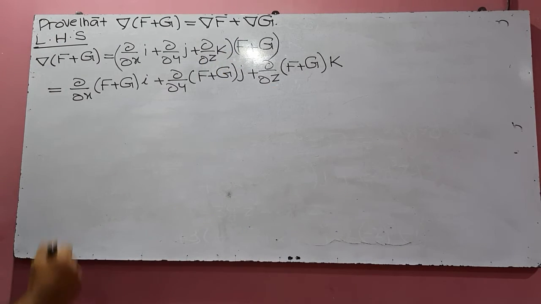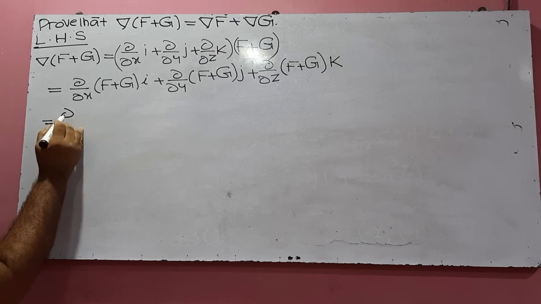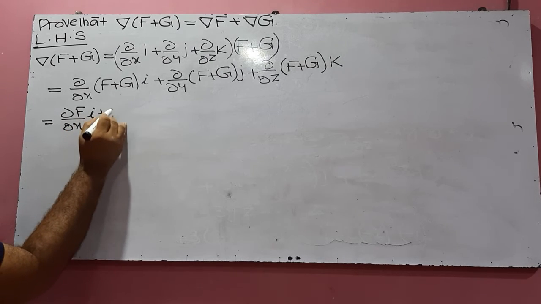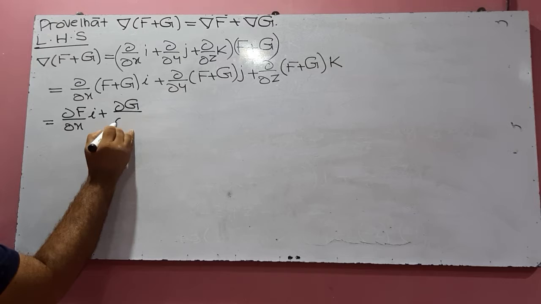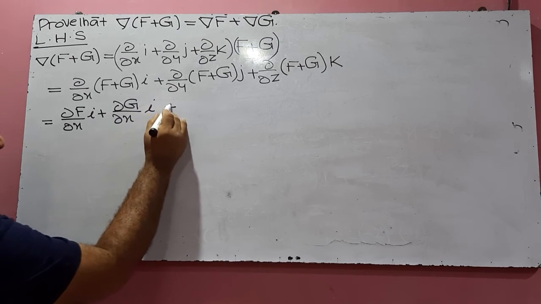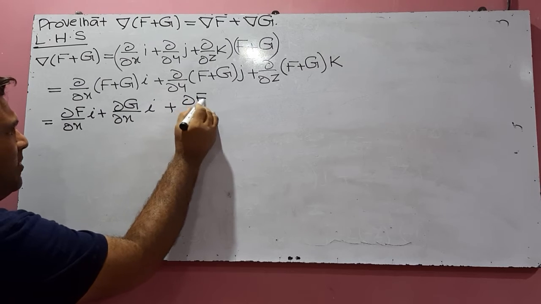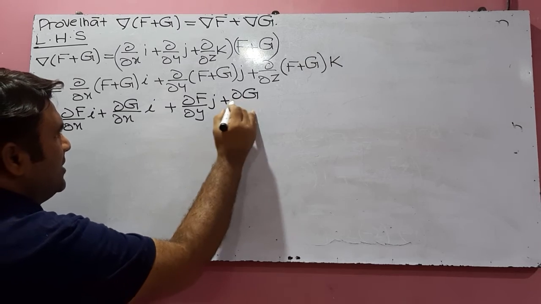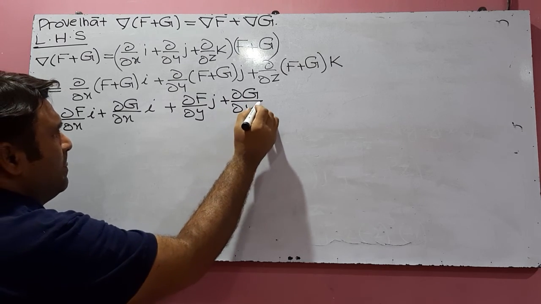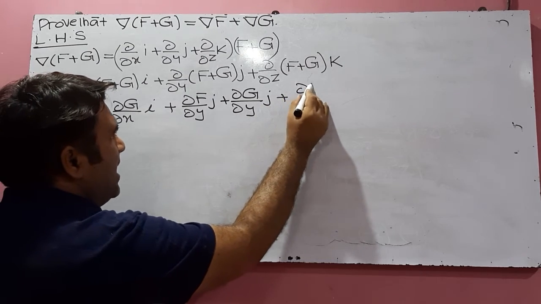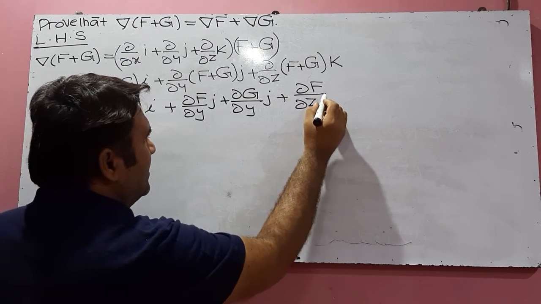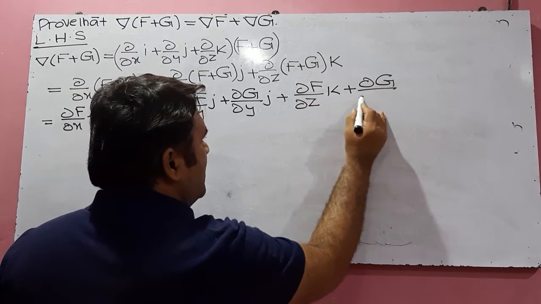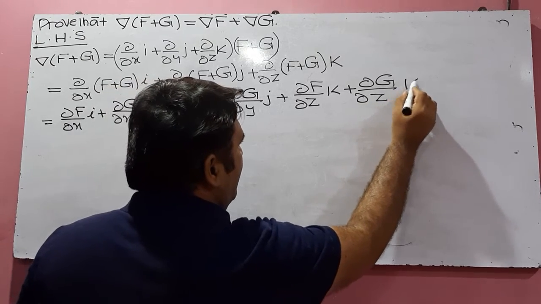Now we differentiate: df over dx i plus dg over dx i plus df over dy j plus dg over dy j plus df over dz k plus dg over dz k.